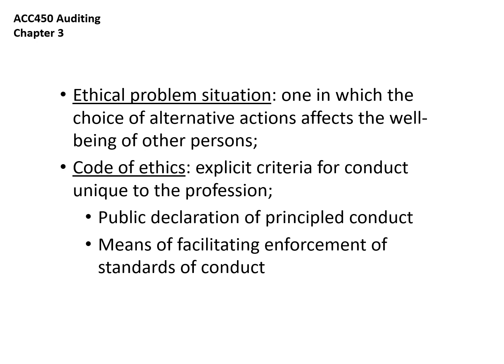And then some means of facilitating the enforcement of that. So what happens if you violate the code? So having a code of conduct with no consequences for violating it, of course, is kind of meaningless. So the means of facilitating enforcement in our profession is you lose your CPA license, which is very consequential.